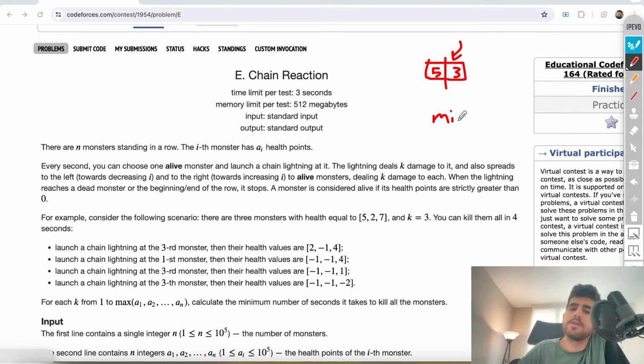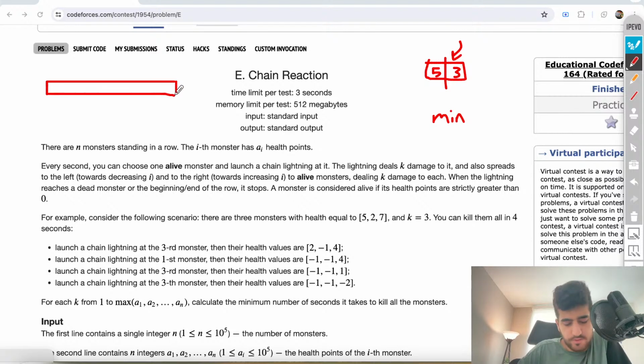The way they die is kind of clear and straightforward, right? If you consider the minimum.